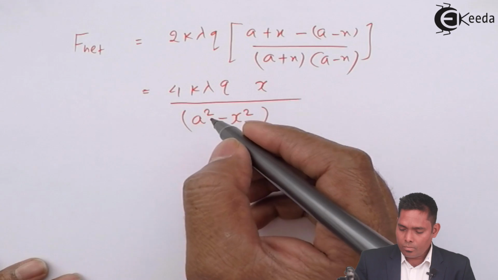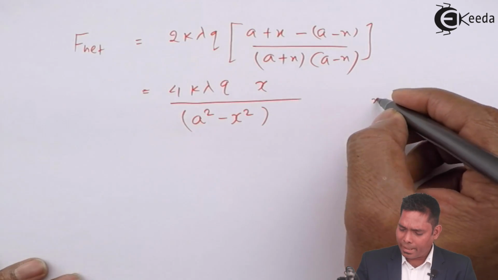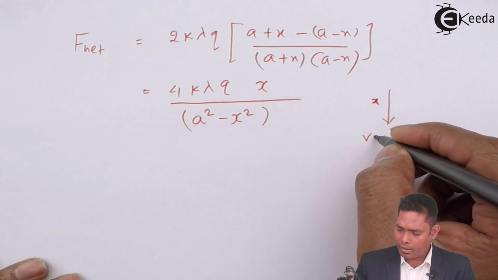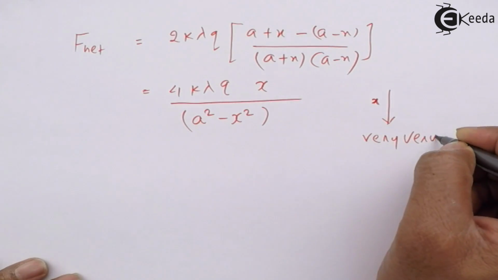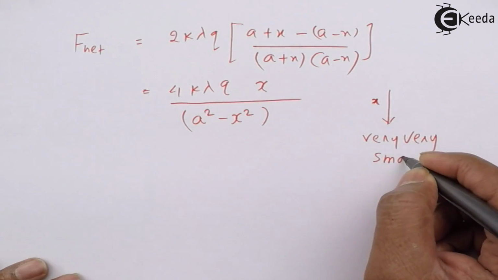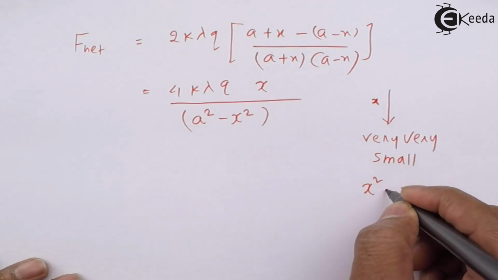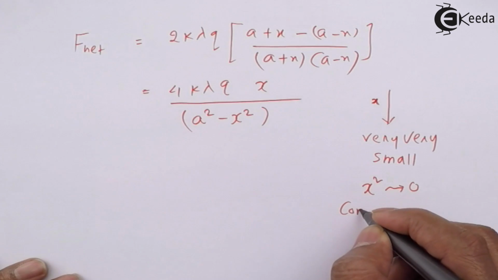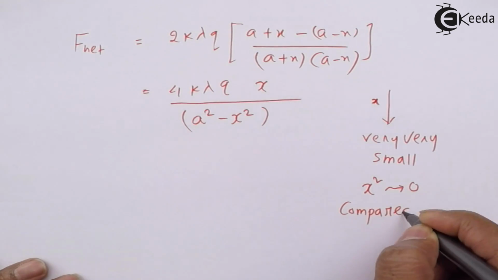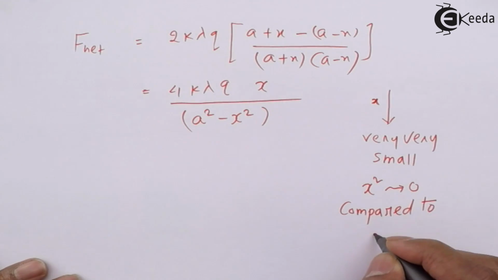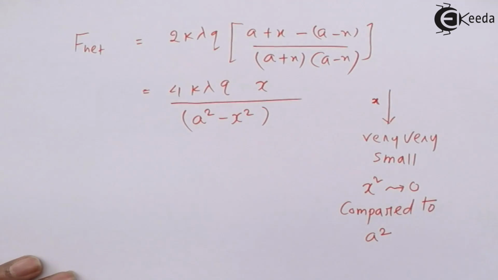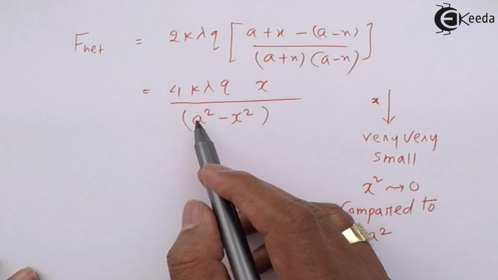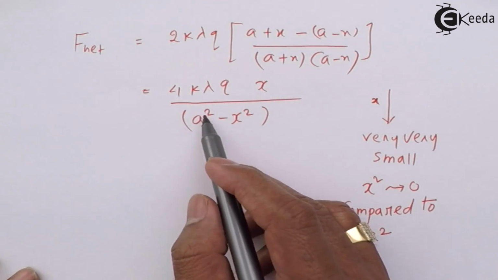Because the displacement x is very, very small, the x square term is neglected; it tends to 0 compared to a square. So that means a square minus x square is nearly equal to a square.